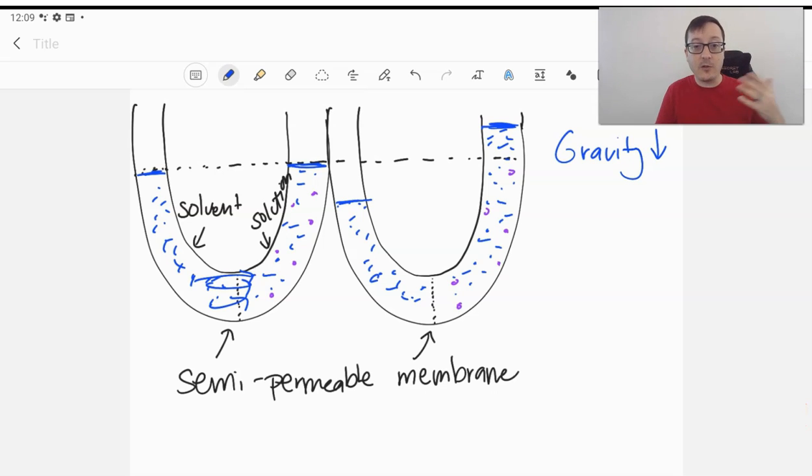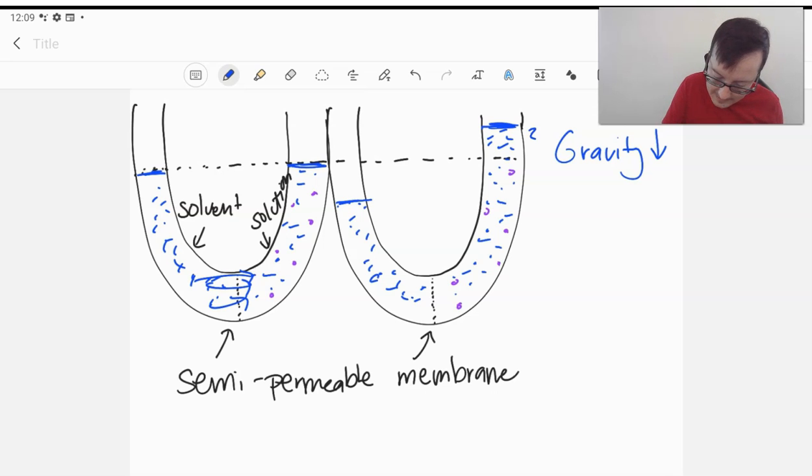And so at some point, the water will stop moving through the membrane in a net manner, because the attractive force created by having these new interactions can no longer overcome gravity, at which point it stops and you'll now have this difference in heights that you did not have originally.